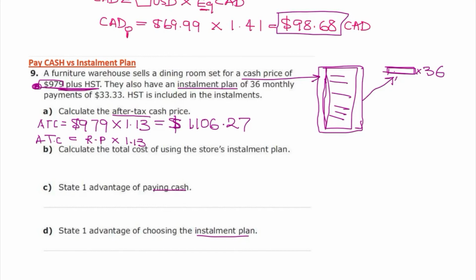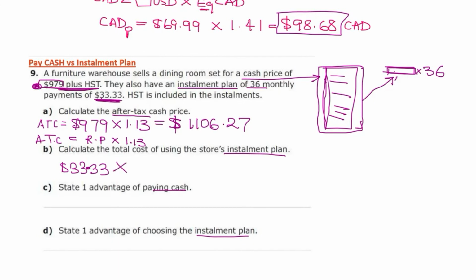However, if a question asks what happens if the person chooses the other option, which is to pay the installment plan, that means you have to pay this amount, $33.33, 36 times.